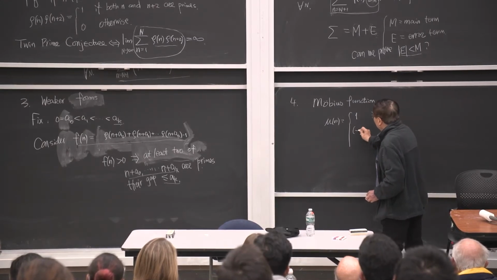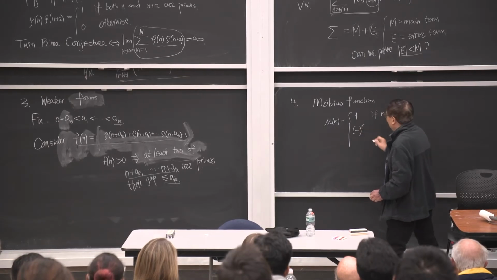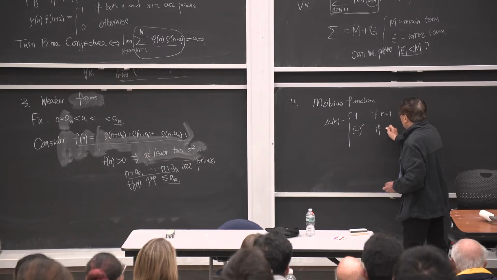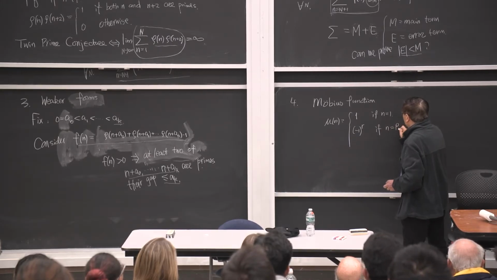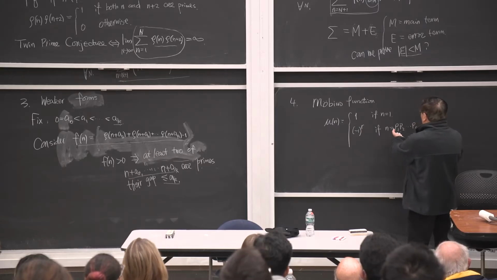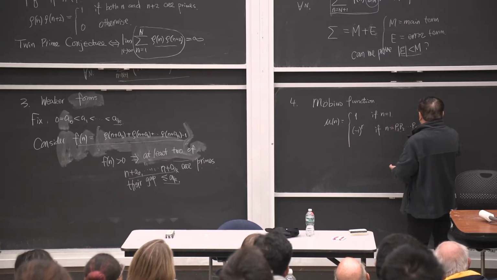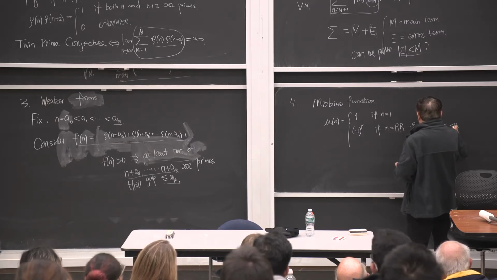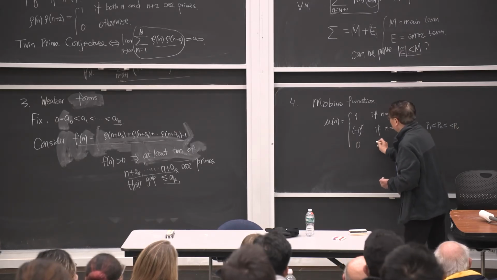It is equal to (-1) to the power k if n is a product of k distinct primes, not repeated, just primes. And 0 otherwise.